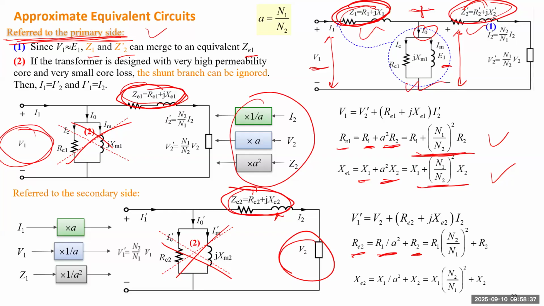But later, once we introduce the per unit system, they will generate exactly the same value, because by checking those three equations and comparing the two groups, they may have different units, but the relative values are the same.